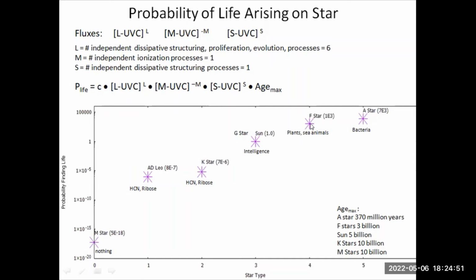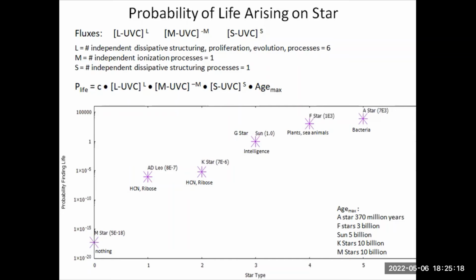And we find, for example, for F-type stars, it gives 1 times 10 to the 3, and for A-type stars, 7 times 10 to the 3. But we have to be careful here because we're considering age also for evolution. So even though this gives us greater probability of finding life on F and A-type stars, we have to take into account that stars have a certain lifetime.